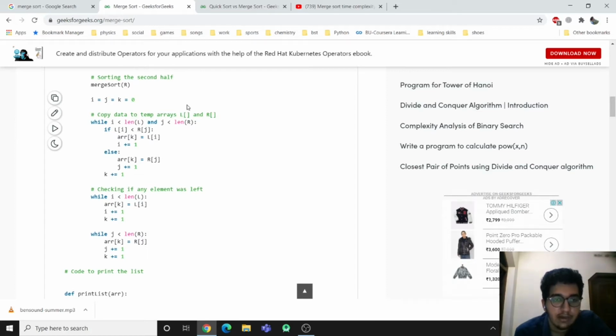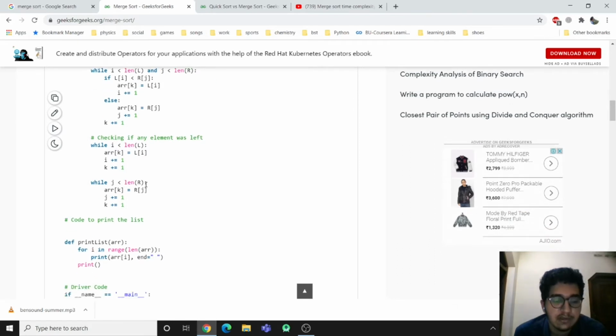Now they'll copy the data into temporary arrays L and R, where they'll check i is lesser than length of L and j is lesser than length of R, and they'll check if L of i is lesser than R of j, then array of k equals L of i. Now they'll increment i, otherwise array of k equals R of j. Now we'll increment j. After it finishes, we'll increment k.